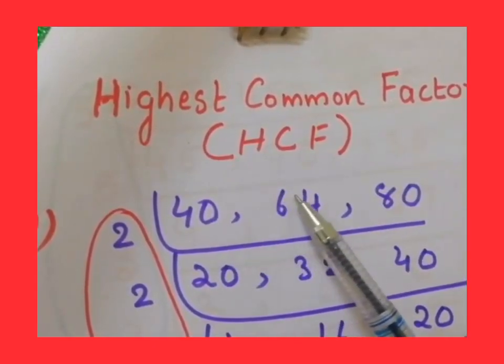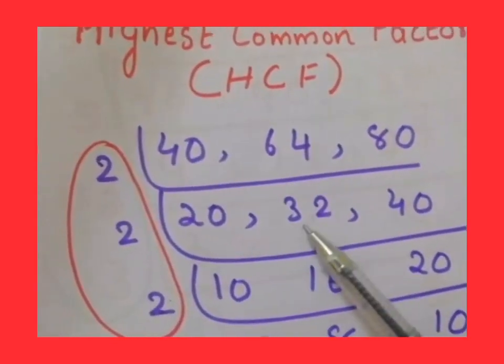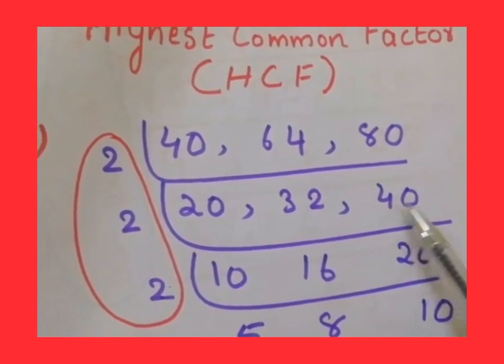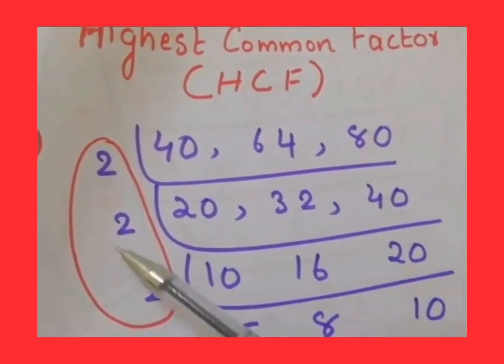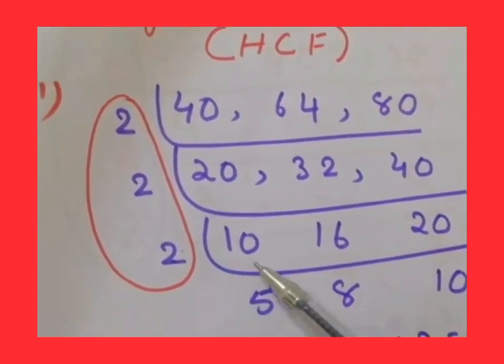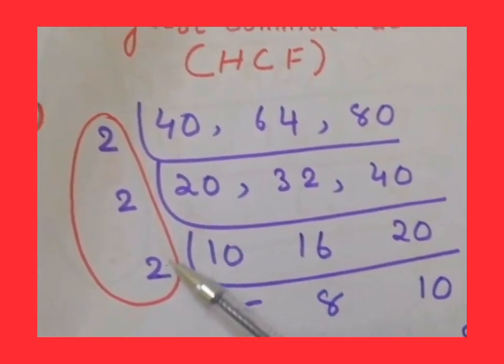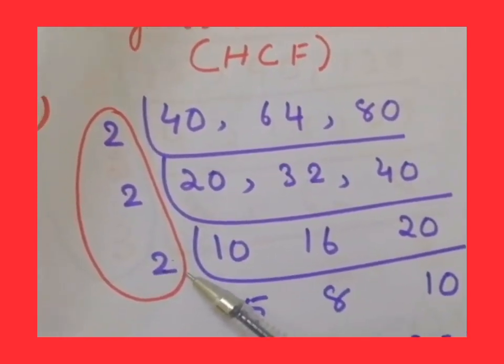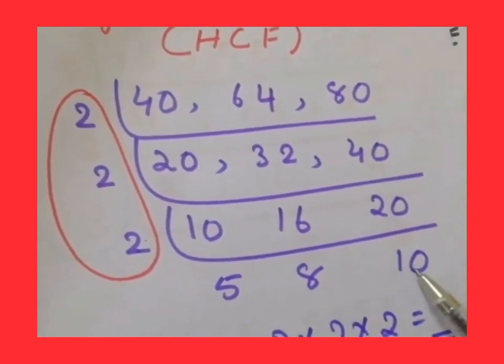Then after taking 2 as a common factor, you will get 20, 32 and 40. Again 2 is a common factor for all the 3. So again take 2 outside. Then here 10, 16, 20. Again 2 is the common factor for all these 3. So taking 2 outside, 5, 8, 10.